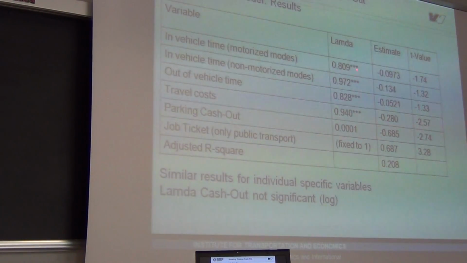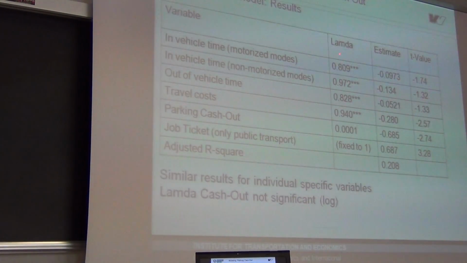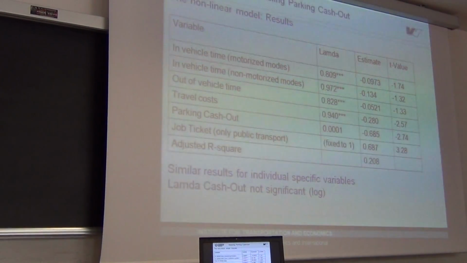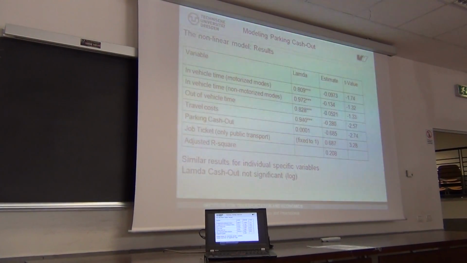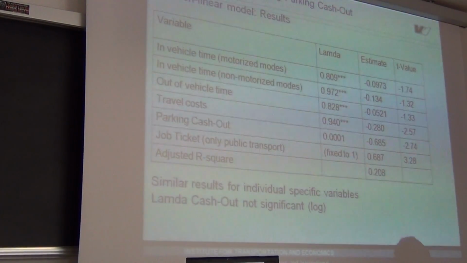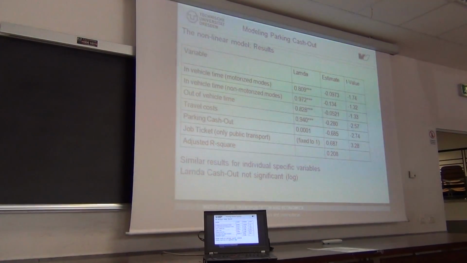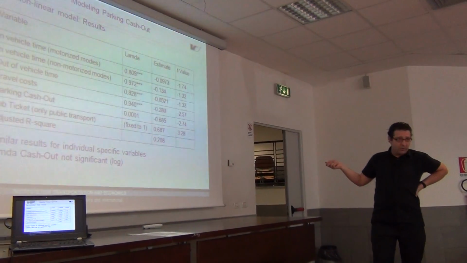What comes out is we have variables between 0 and 1 for all modes, and we have the lambda parameter equal to 0 for the cash out alternative, which means that we have a logarithm in here. Yeah. So the parameter estimates, you know, with the Box-Cox logit model, you fit the data to the model and not the model to the data. This is the problem. So t-values are becoming lower.